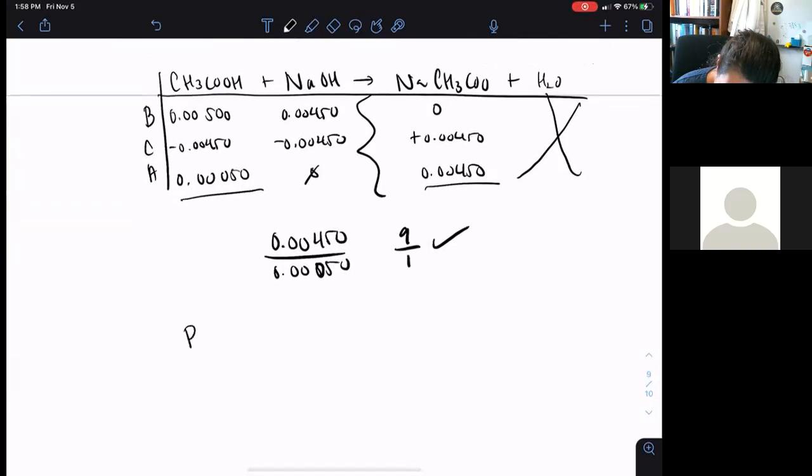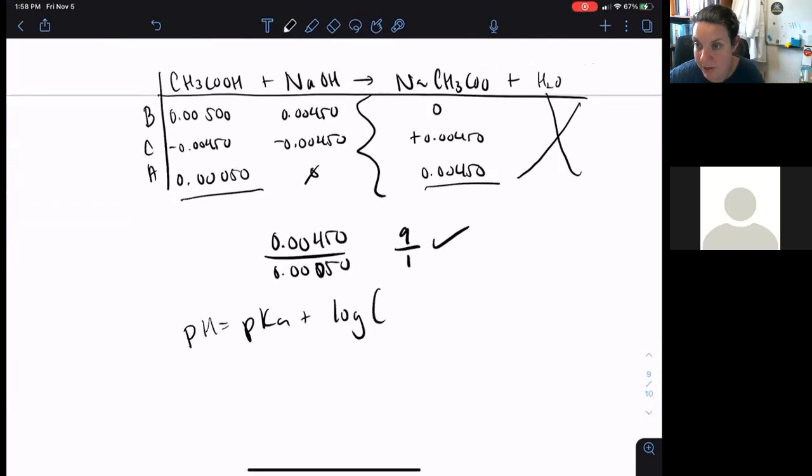Henderson-Hasselbalch. So our pH will equal pKa plus log, we're gonna have our base over our acid. And because they're both in the same volume, we could just put in moles instead of molarity.